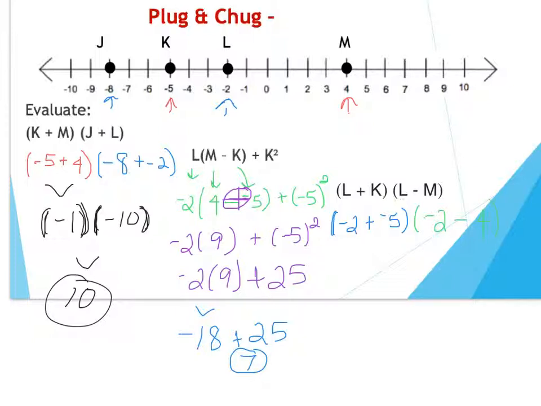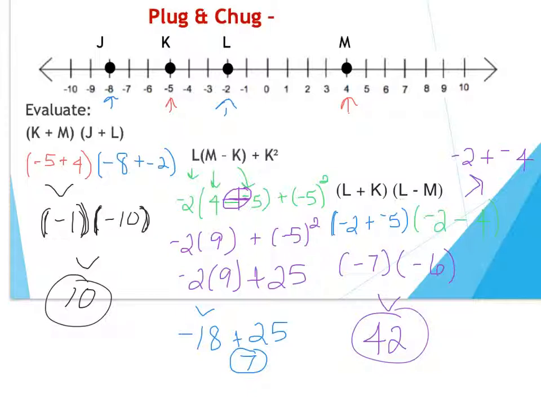Solve what's in parentheses. -2 plus -5 is -7. Next parentheses, -2 minus 4 is -6. Again, I can rewrite this problem as -2 plus -4. And then multiplication, -7 times -6 is a positive 42.